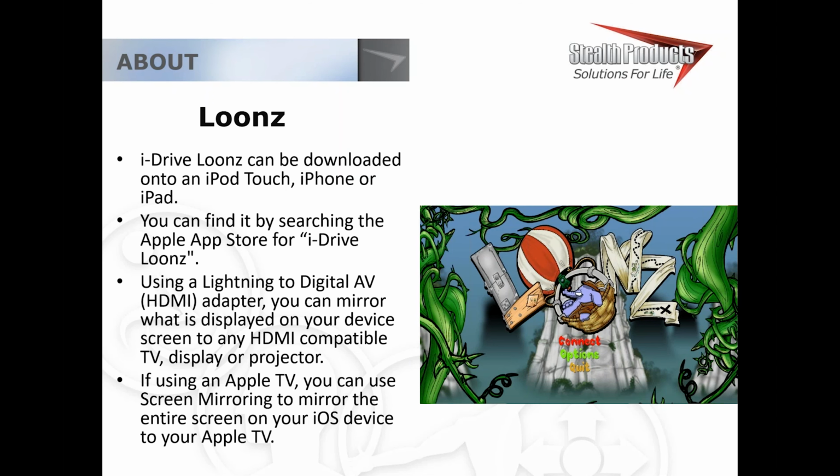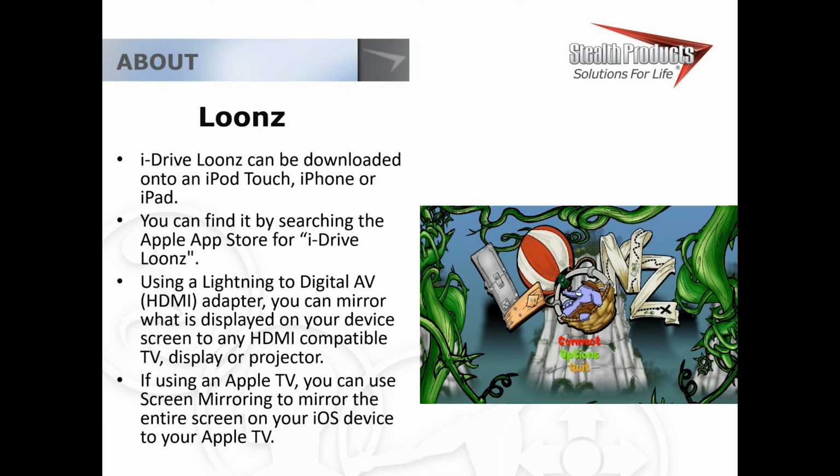So that being said, at the moment, a couple cool things you can do to show this or view it better, especially if you're on an iPhone or iPod Touch. It's going to be a tiny little screen. It's kind of hard to see. But through Apple, not through us, you can get an adapter to an HDMI or even a VGA, and then throw it up on a projector, on a giant TV, big displays, whatever you have available there.